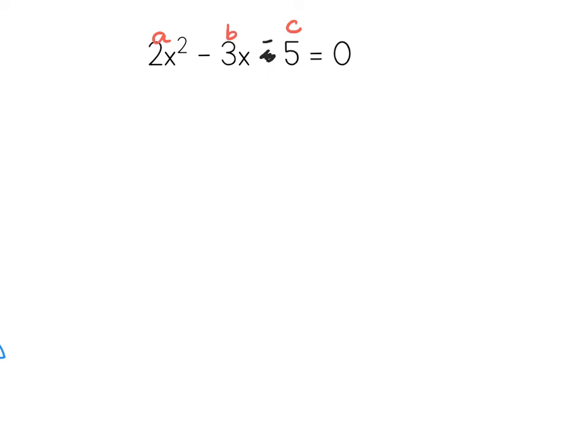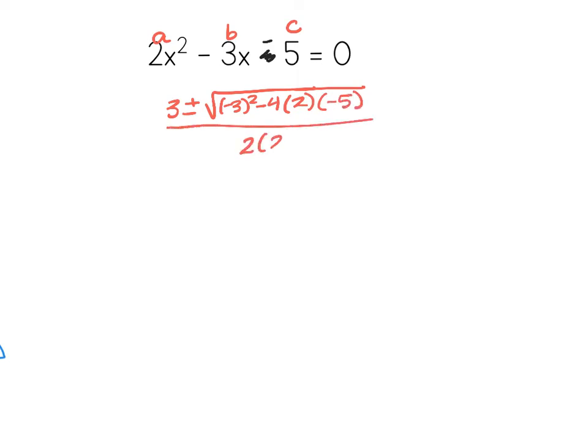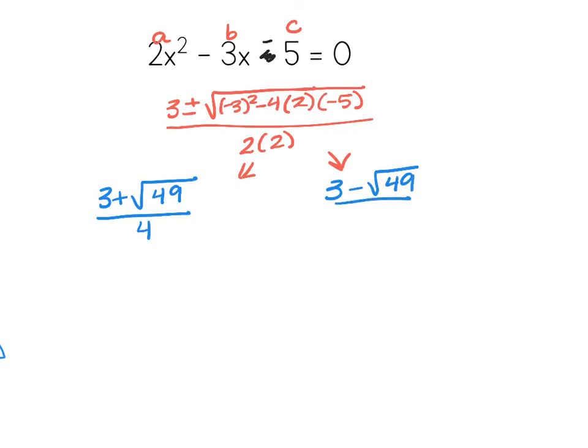So opposite of b would be positive 3 plus or minus the square root of negative 3 squared minus 4 times a times c all over 2a. So I'm going to split this up in 2 different ways because of that plus or minus. So 3 plus the square root of 49 over 4, and 3 minus the square root of 49 over 4.